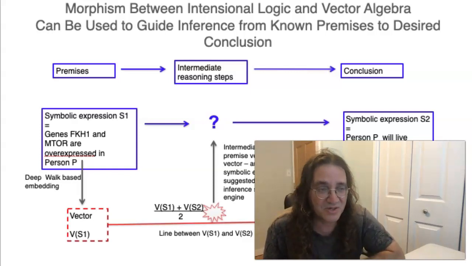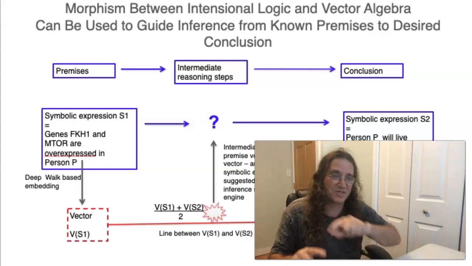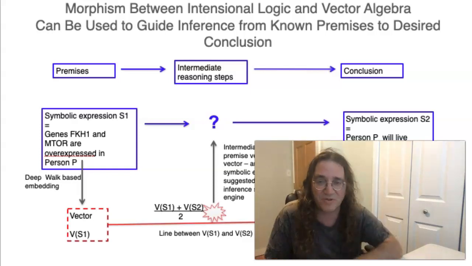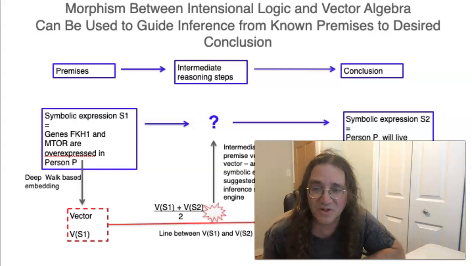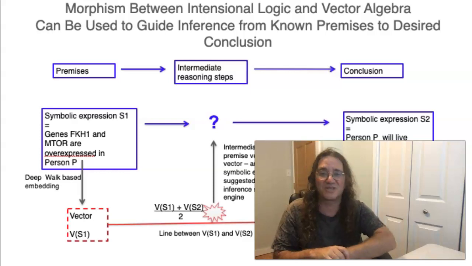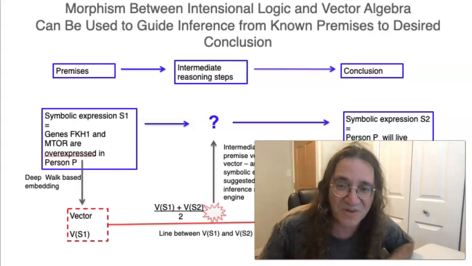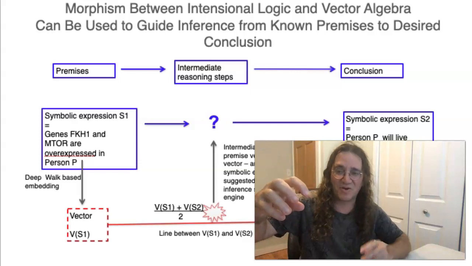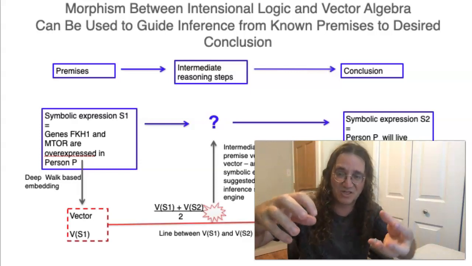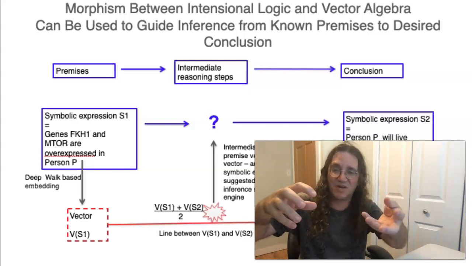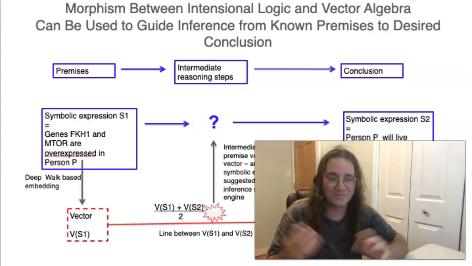So you can use the vector difference to guide reasoning in the logical space, and you can use the vectors as compressed property vectors to input to neural nets or other learning algorithms on the vector side. This is a real-life example of cognitive synergy between logic in the weighted labeled hypergraph and vector distances and vector arithmetic and all these vector manipulations that are used in standard vector-based machine learning.